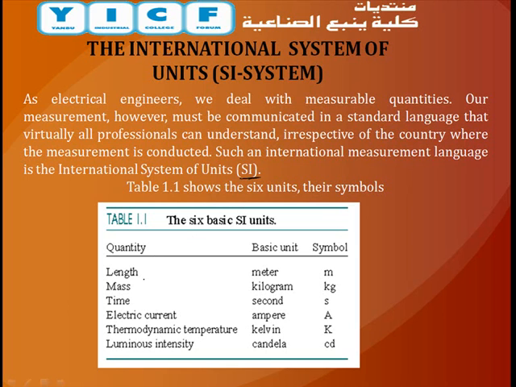We have 6 basic quantities. We have length measured in meter, and its symbol is m. We have mass in kilogram, time in second, electric current in ampere, thermodynamic temperature in Kelvin, and luminous intensity in candela.